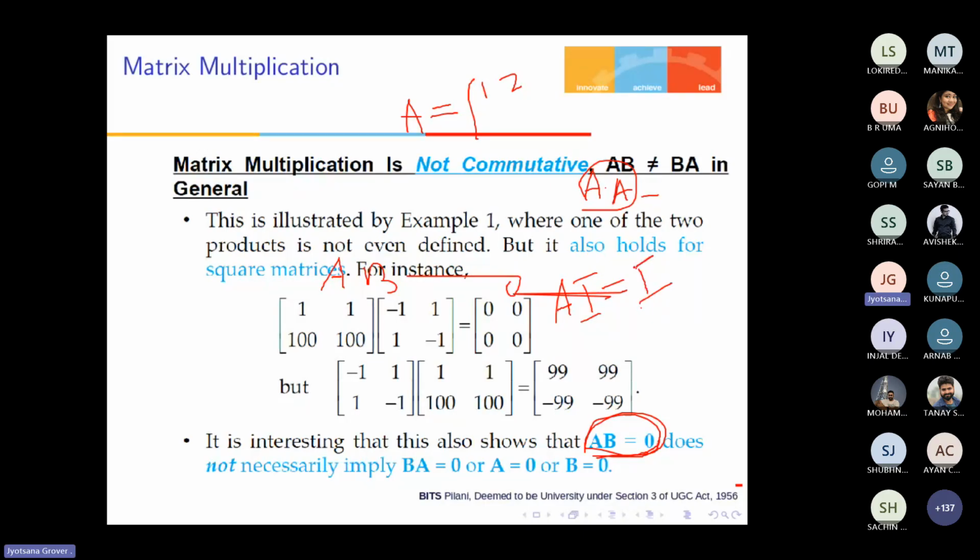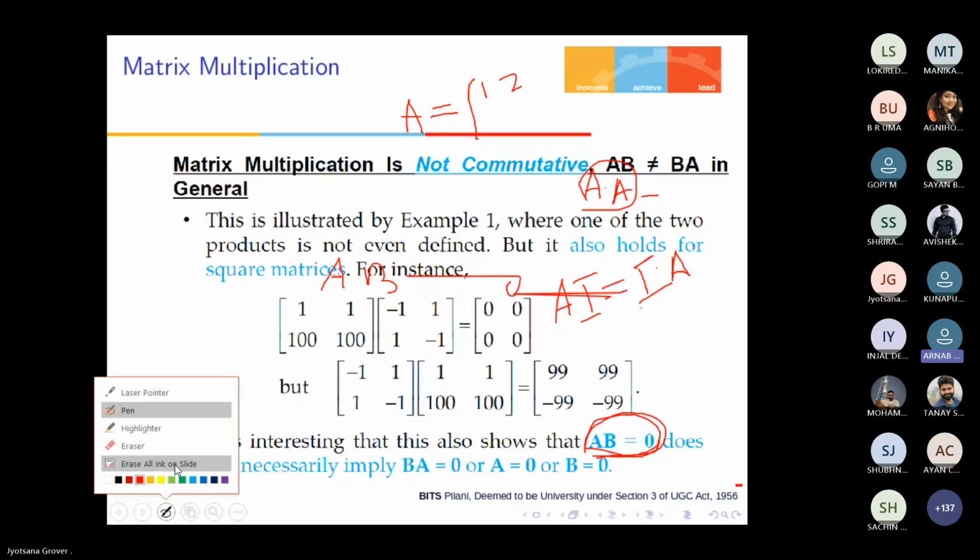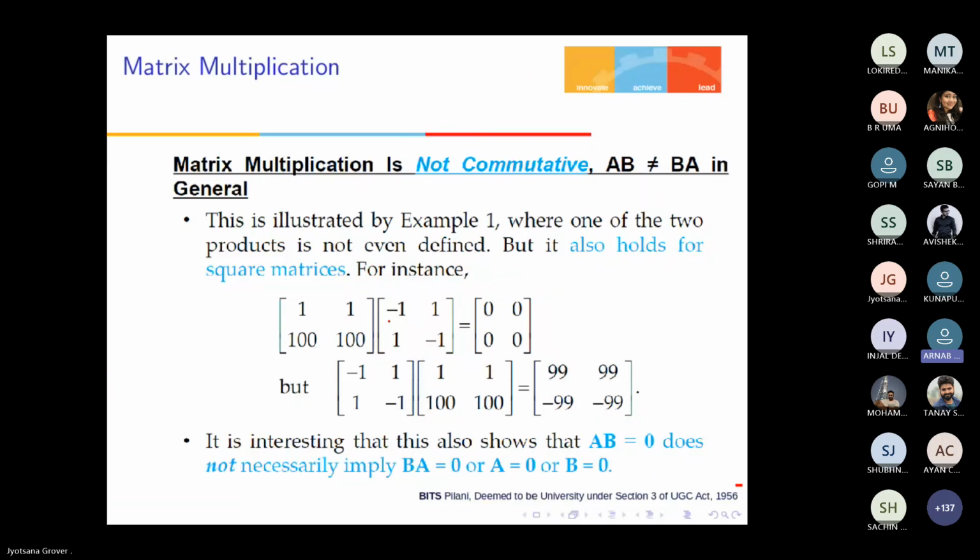In the first example, with 1, 1 and 100, if your second matrix remains the same, that is -1, 1, 1, -1, and the first matrix you make anything like 2, 2, 99, 99, every time it will be 0.